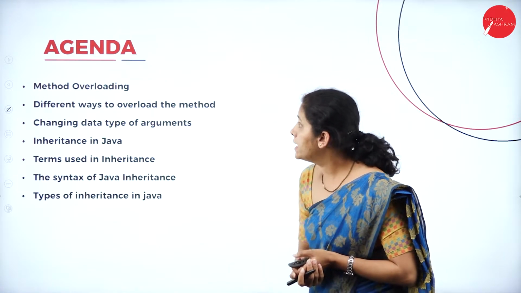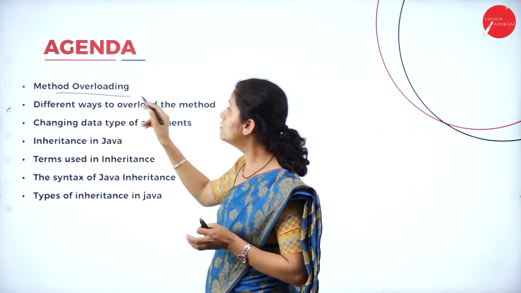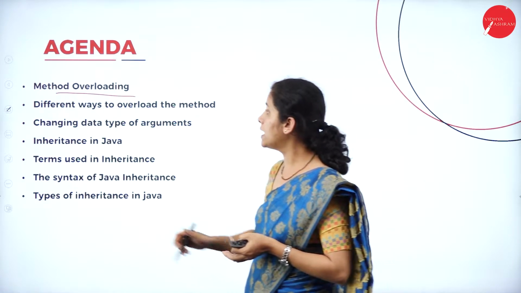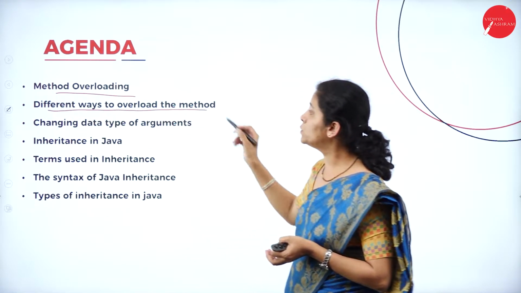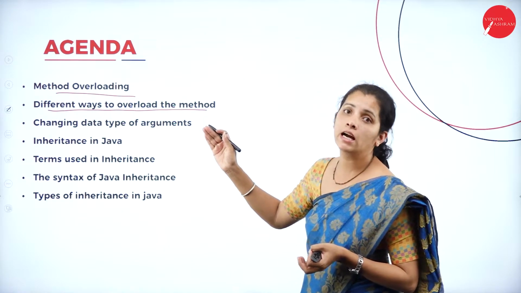Now in today's session, at the beginning, I'm going to deal with method overloading. Along with that, I'm going to deal with different ways to overload the methods, as well as changing data type.